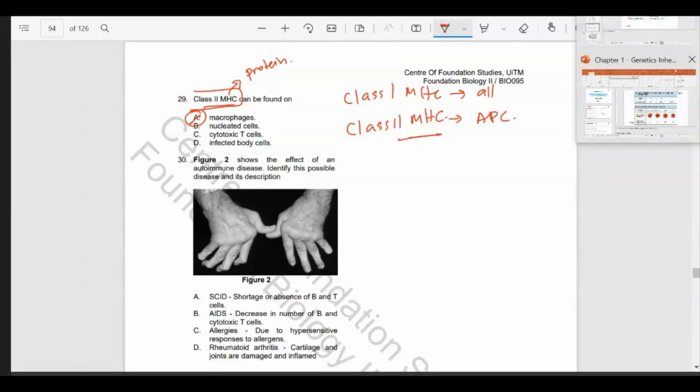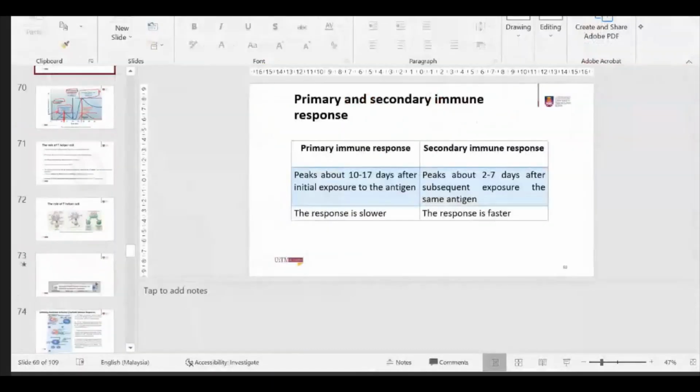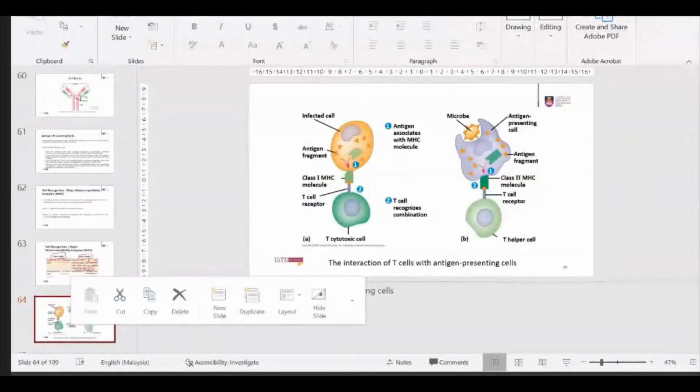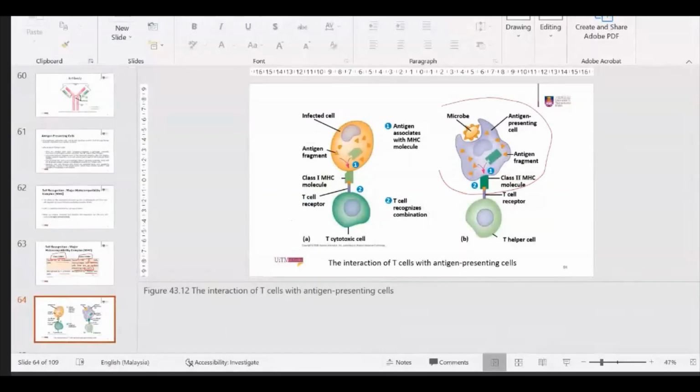If we look at the diagram on this slide, the macrophage engulfs the pathogen. When the pathogen is engulfed inside the macrophage, it is degraded into antigen fragments. This antigen fragment binds to this molecule, class 2 MHC, forming an antigen-MHC complex. Why this mechanism?